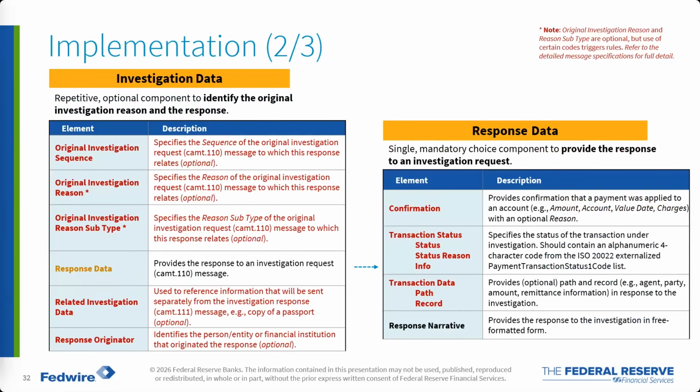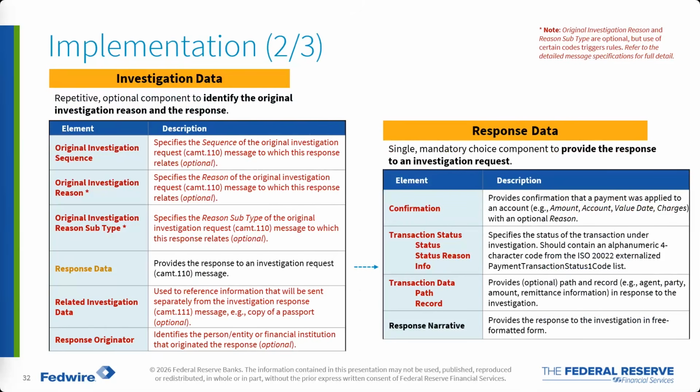Transaction status, which is the second row, would be used to respond to requests on the processing status of a transaction. For example, it could be used to confirm settlement, rejection, or a pending status of a transaction that is being investigated. And the third new option, transaction data, would be used to provide missing or correct payment transaction data.